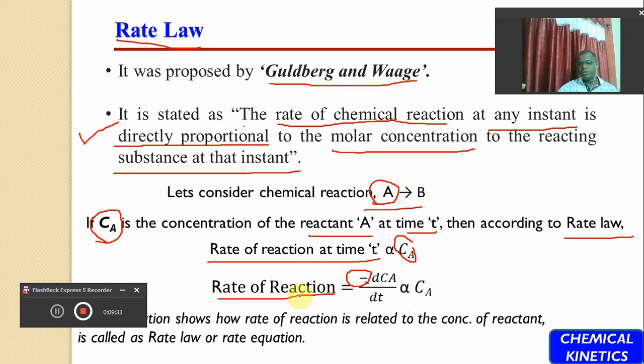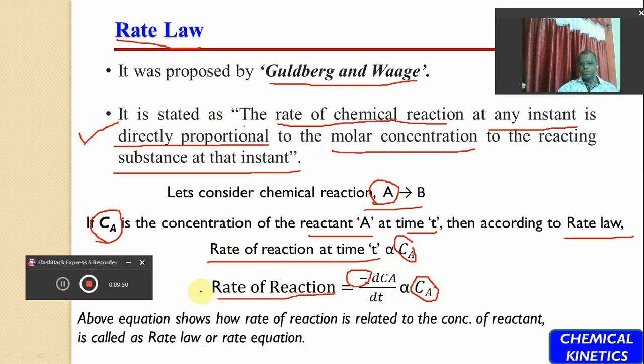This minus dC_A by dt is the equation for rate of reaction, which we have already seen in the previous lecture. According to the rate law, the rate of reaction is directly proportional to the concentration of reactant, and the rate means minus dC_A by dt.